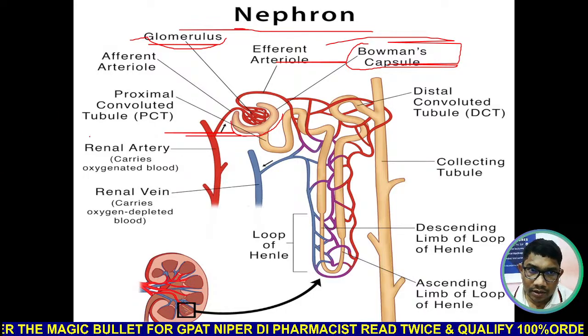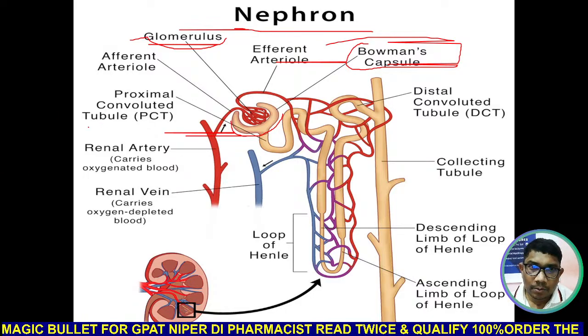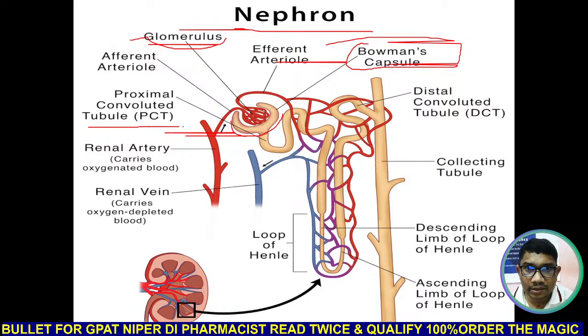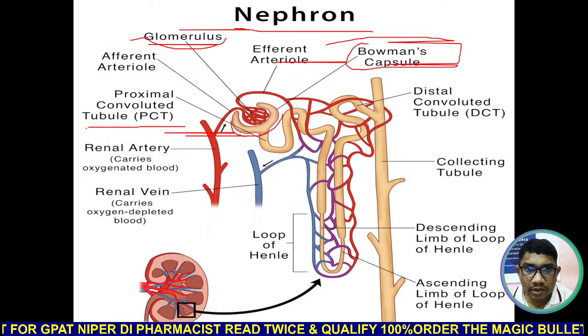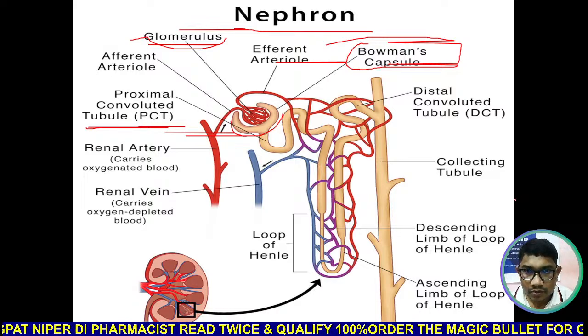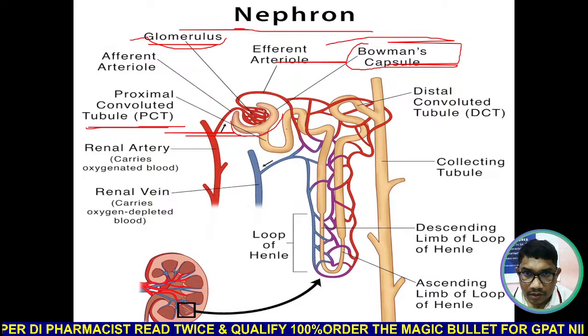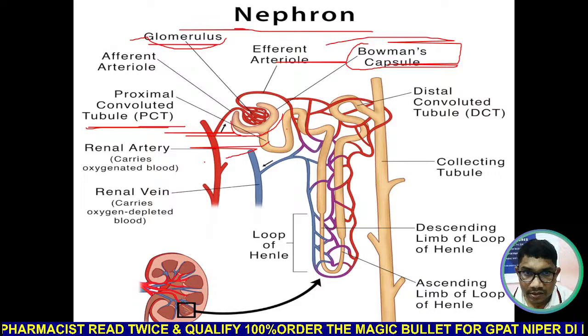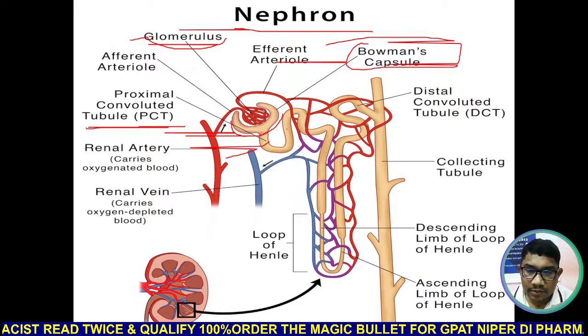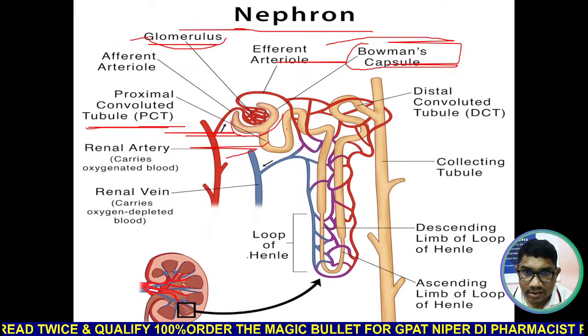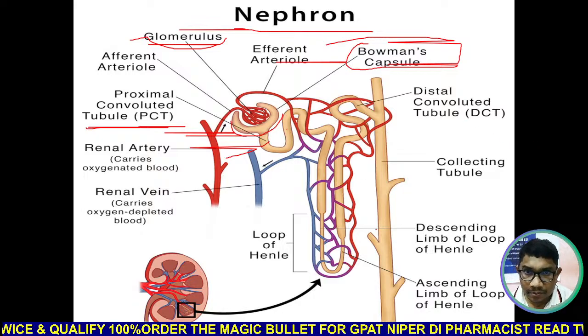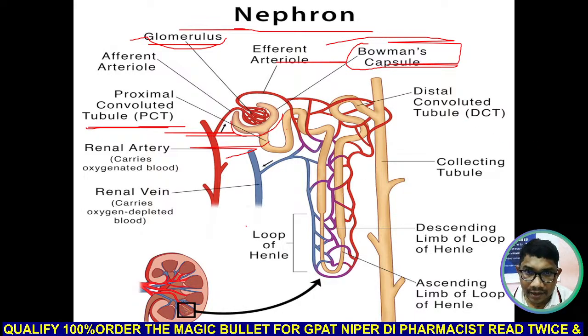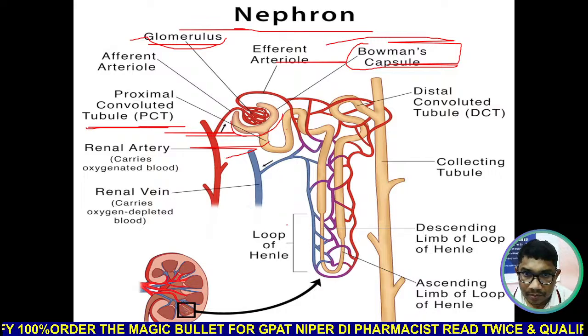Second part होता है आपका नेफ्रॉन का proximal convoluted tubule, PCT. Third part is a DCT, distal convoluted tubule. Third part is a loop of Henle.